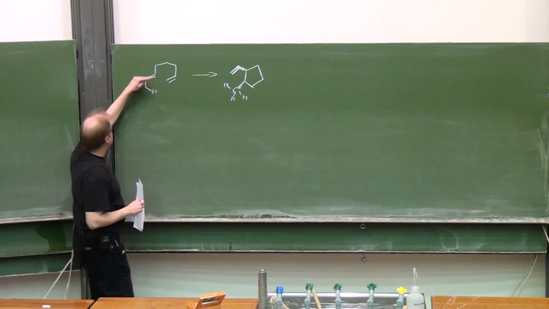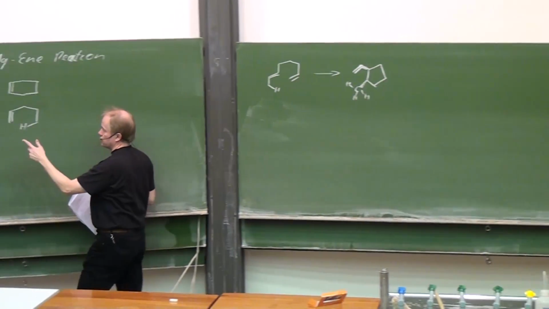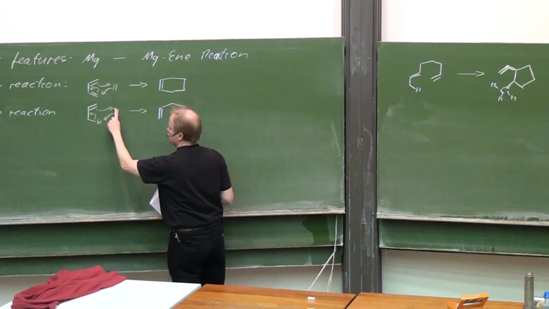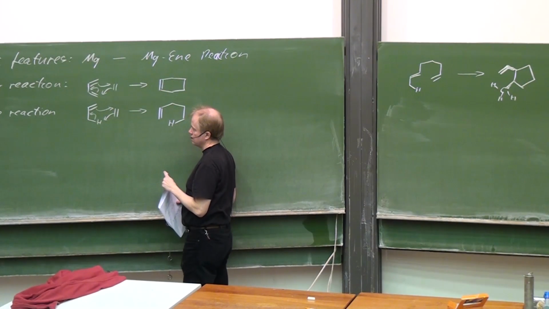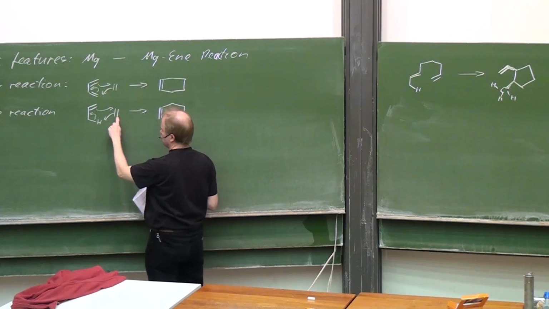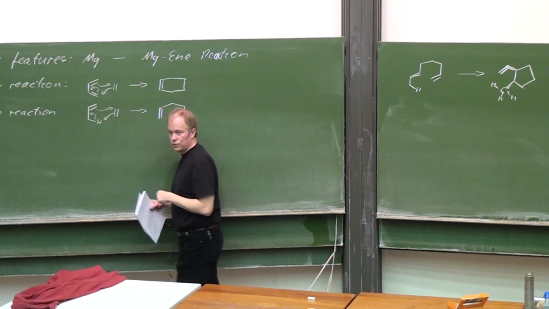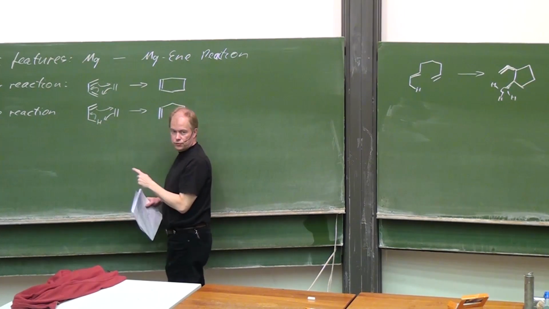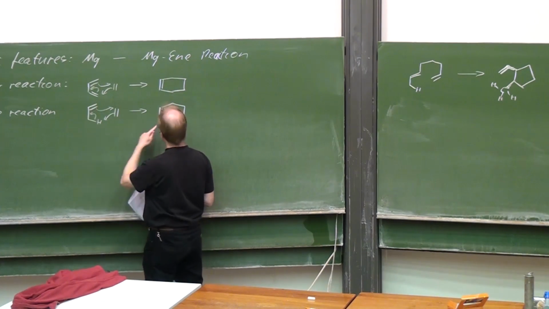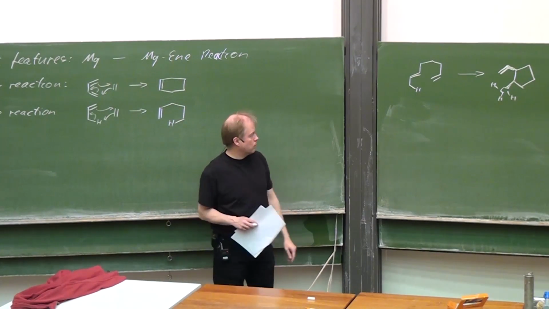Just as in the general scheme, a CC bond is formed, while those 2 CC double bonds are transformed into single bonds. 1 hydrogen is transferred, and here a double bond is formed.